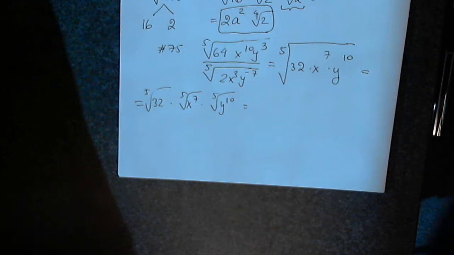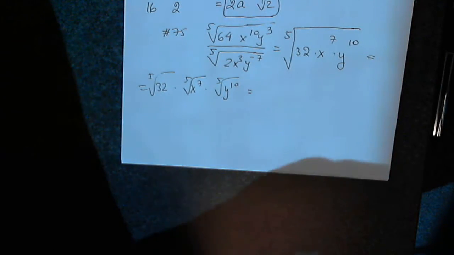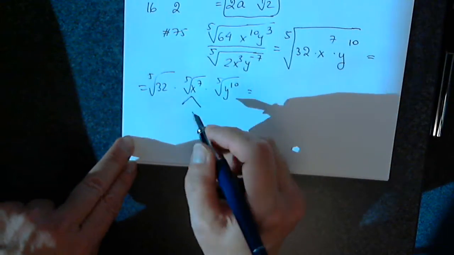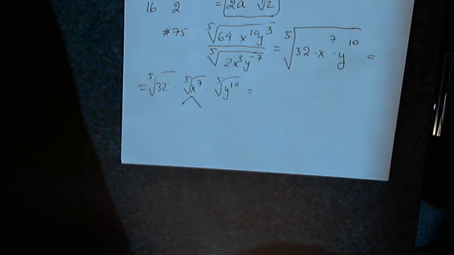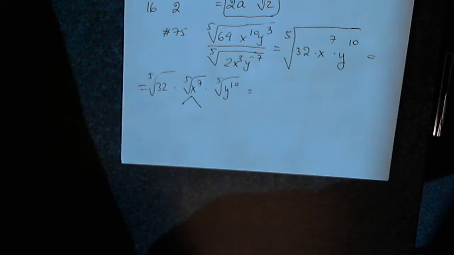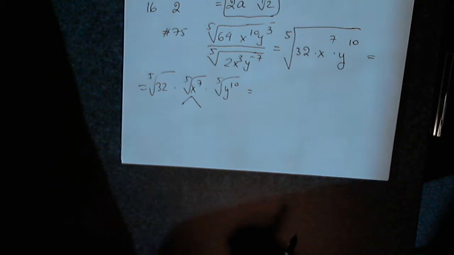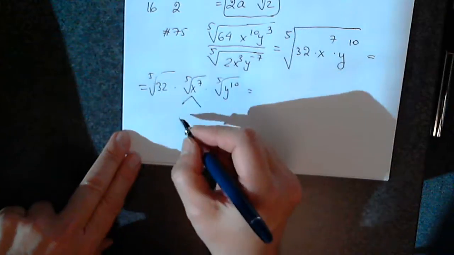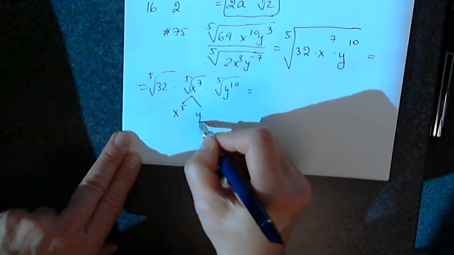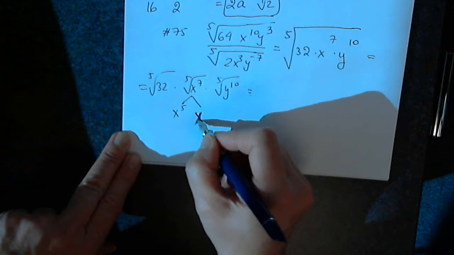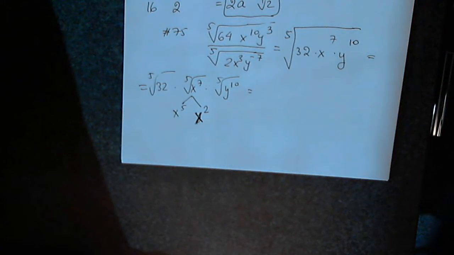Which one is not? The middle one? Yes, because 7 over 5 is not an integer. How will I split x to the 7th? 7 over 5? No. 6 over 5? No. 5 and 2. That's how I know. X to the 5th? Oops. Sorry. I'm telling you I can't write today.